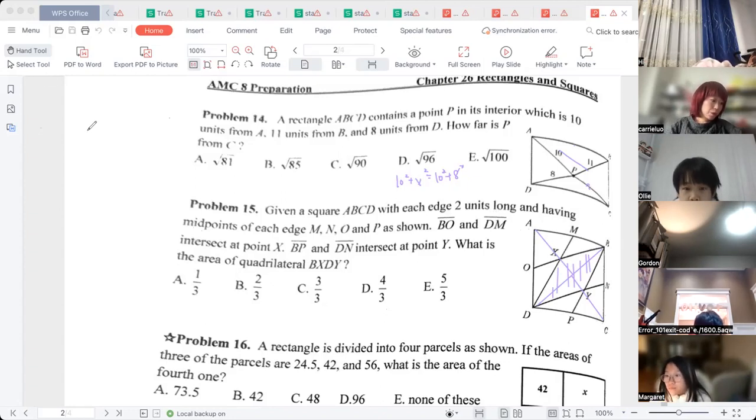So each of the colored small triangles are the same area. Do you understand, everybody? 1, 2, 3, 4, 5, 6. Why?